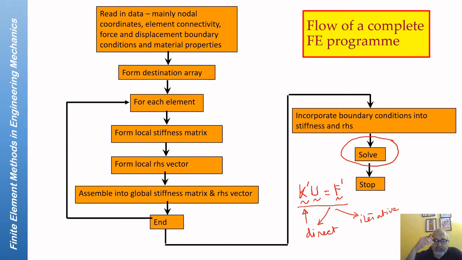So traditionally in finite element method, direct solvers were preferred because direct solvers give you a solution in a specified number of steps after a specified number of operations, and you don't start with any guess, whereas in an iterative solution you start with the guess solution, and then the iterative solver works through in a priori unspecified number of steps to try and converge to the actual solution starting from your guess solution.